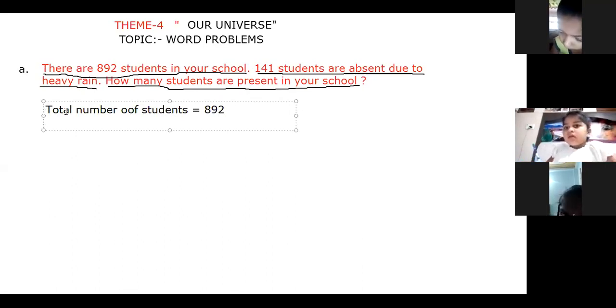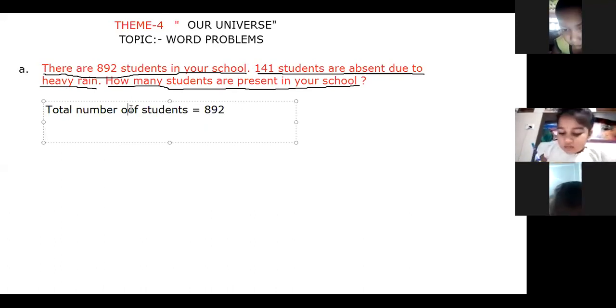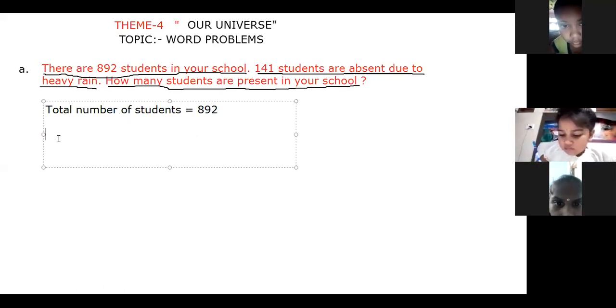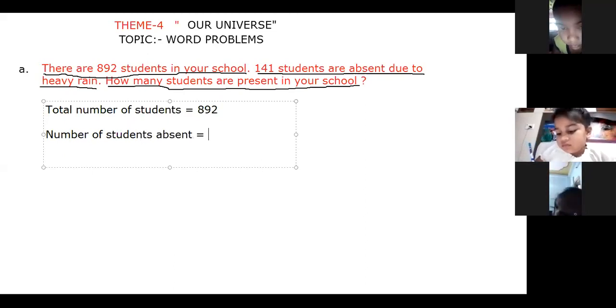Then next, you will leave one line and then you'll write the next statement. Number of students absent is equal to 141.